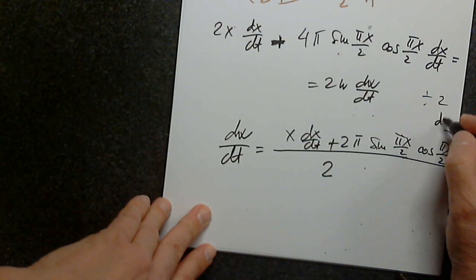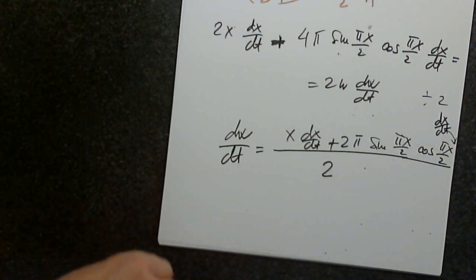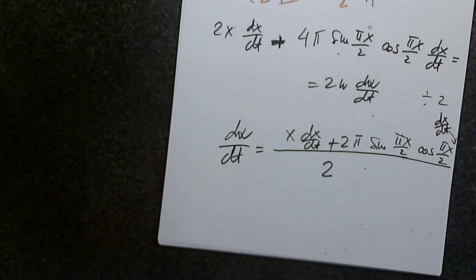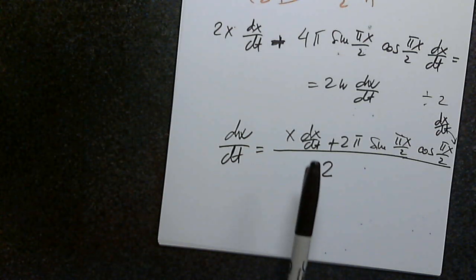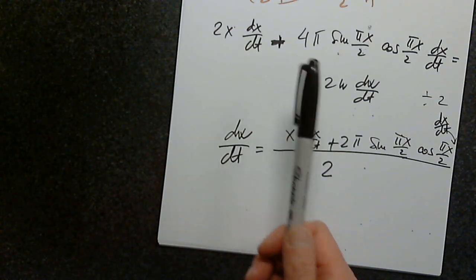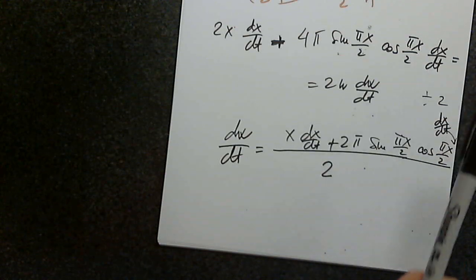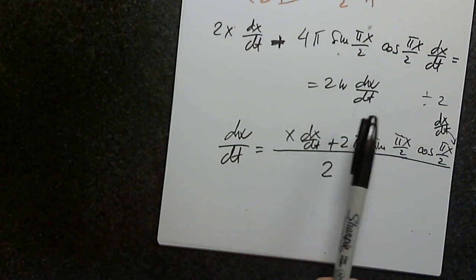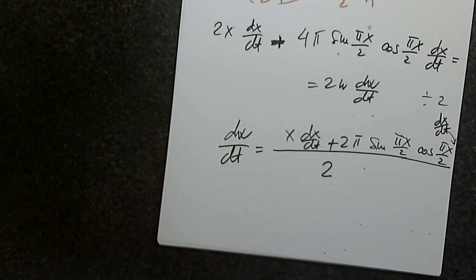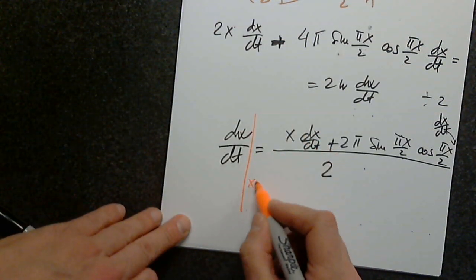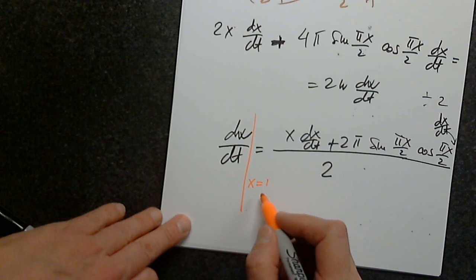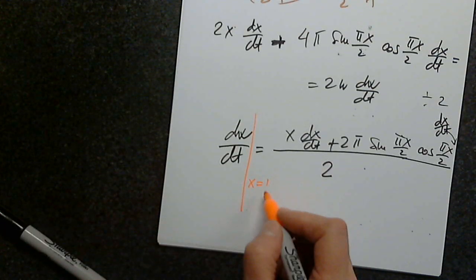You're not surprised that I ran out of room. So x dx over dt plus 2 pi sine cosine dx over dt divided by w because I divided by 2. At this point, I have x equals 1/3.